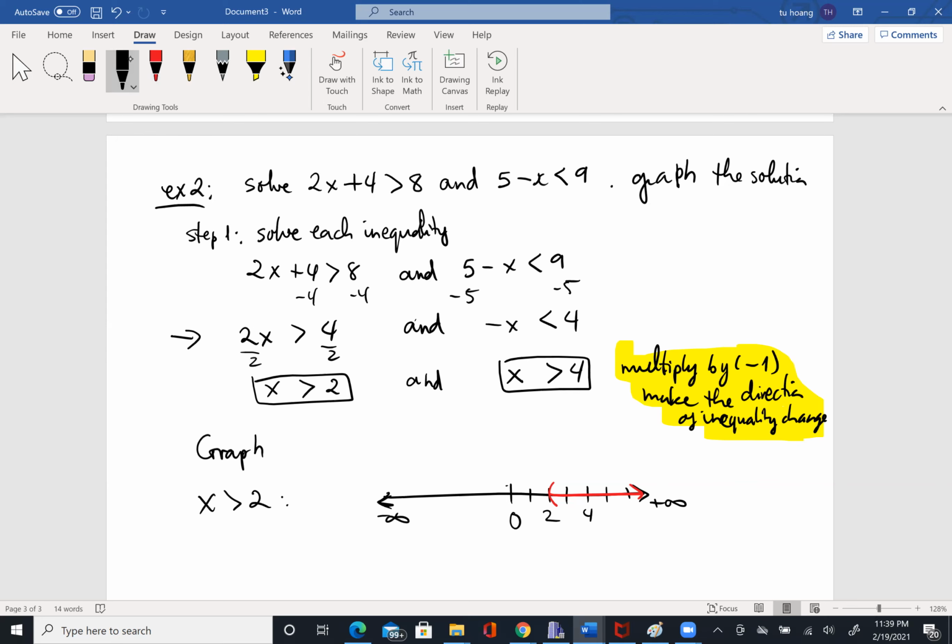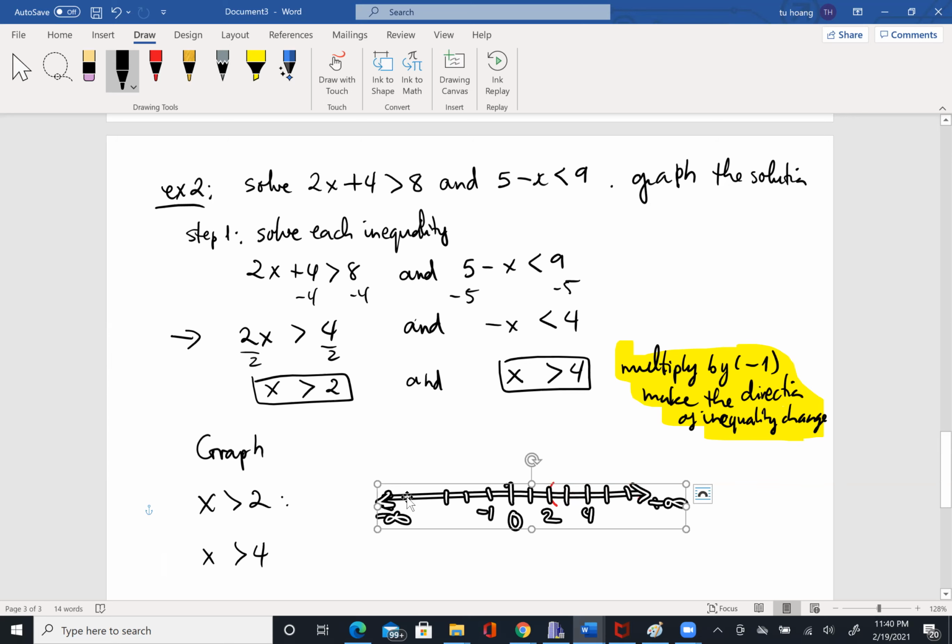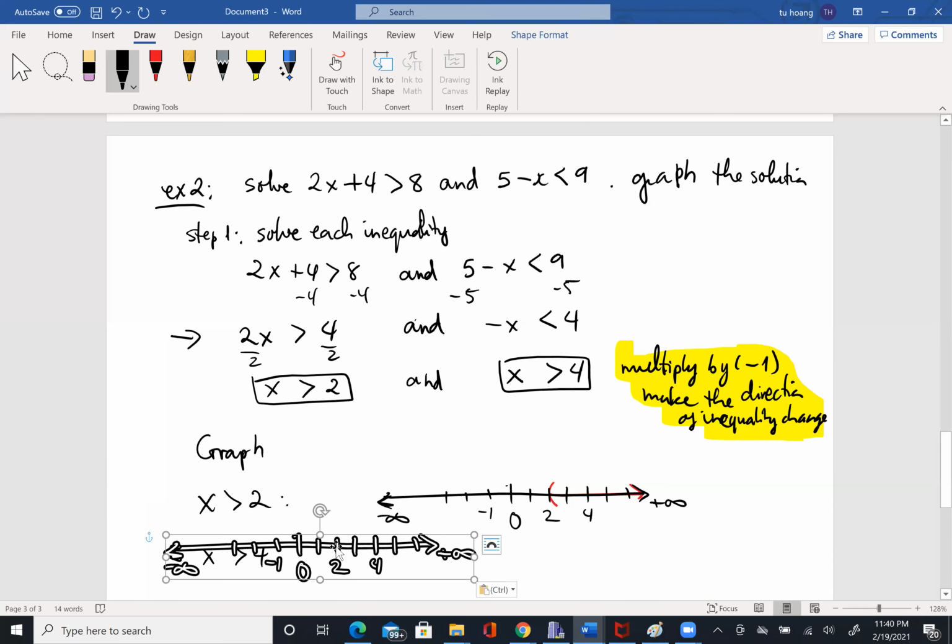What about, let me have something else on the left side of here. Okay, I have x greater than 4. I'm gonna copy this down and put it down here.